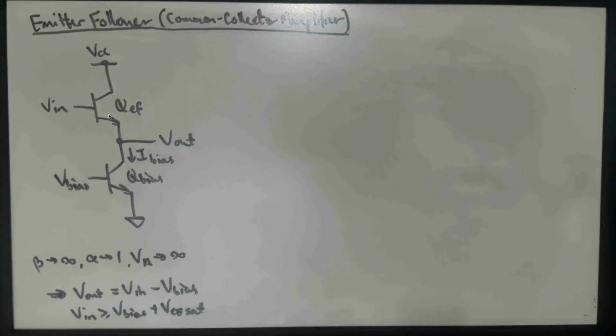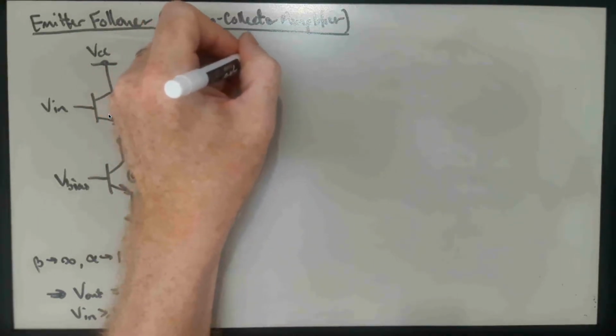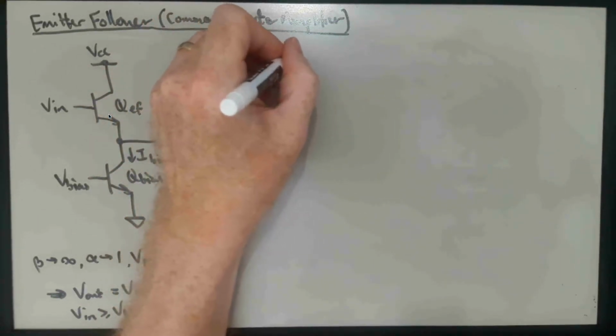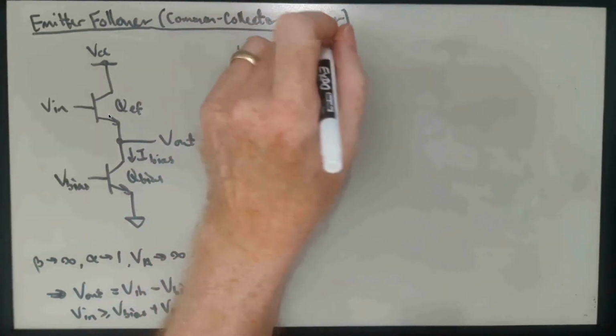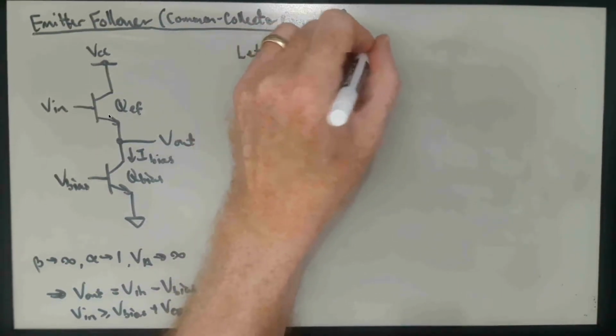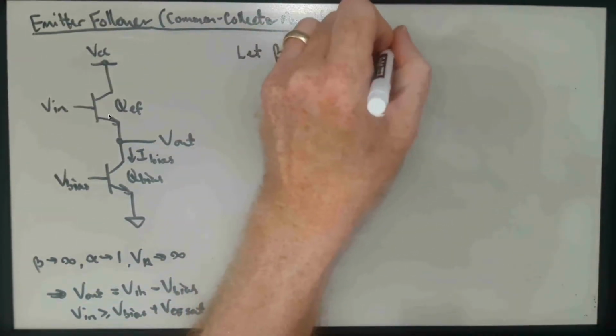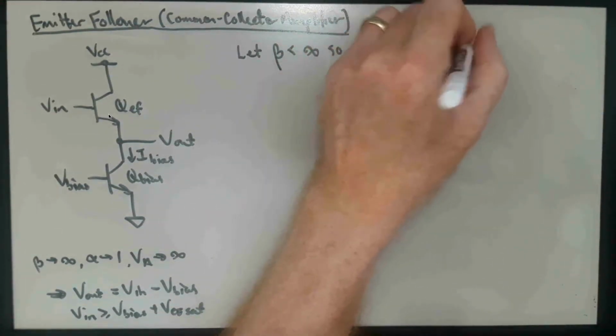Okay, so the first thing we're going to do is let beta be less than infinity. So alpha is approximately 1, but alpha is less than 1.